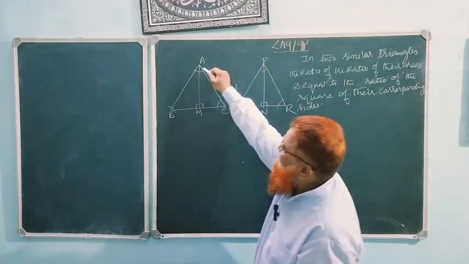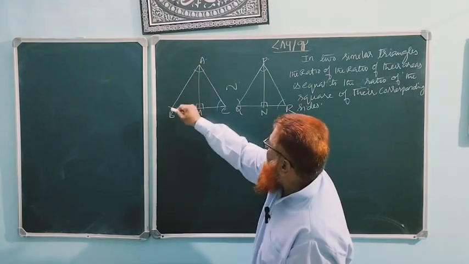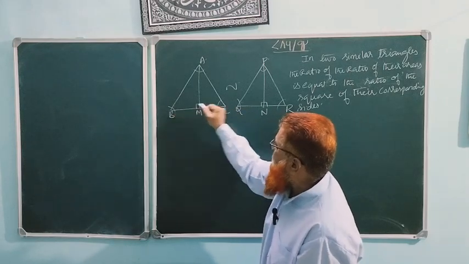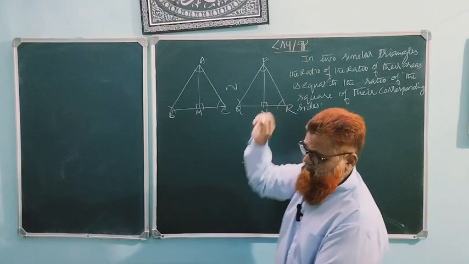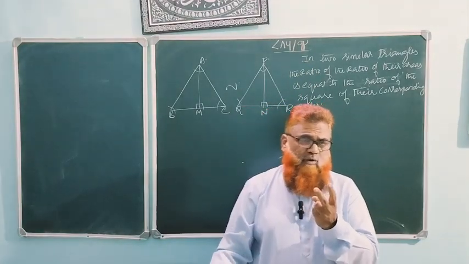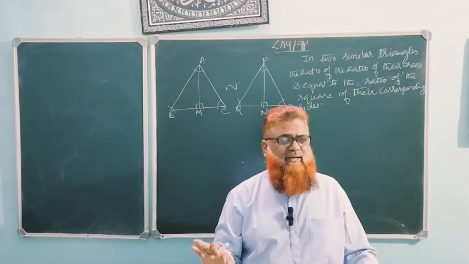Then the ratio of their corresponding sides, AB by PQ, should be equal to BC by QR, which must be equal to AC by PR. If these two conditions are satisfied, then we say the triangles are similar.